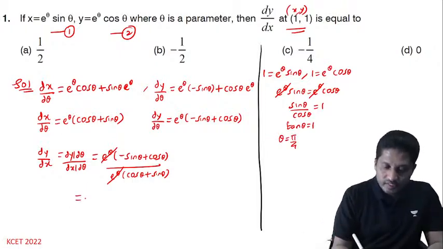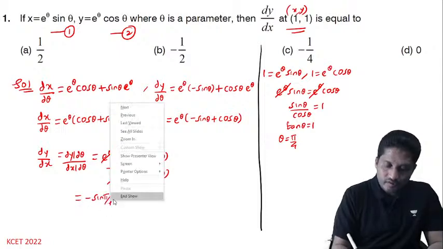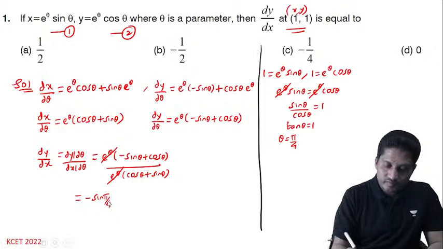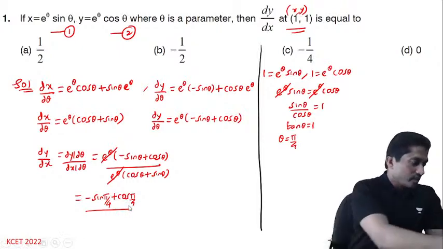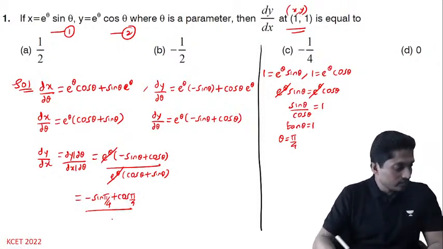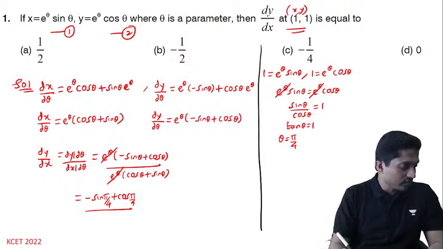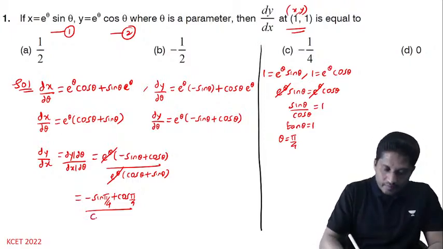Now if I substitute here, minus sine pi by 4 plus cos pi by 4, and then whole divided by cos pi by 4 plus sin pi by 4.